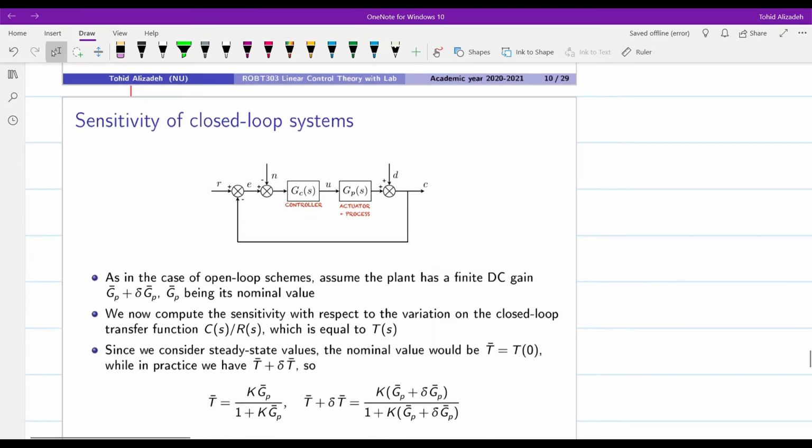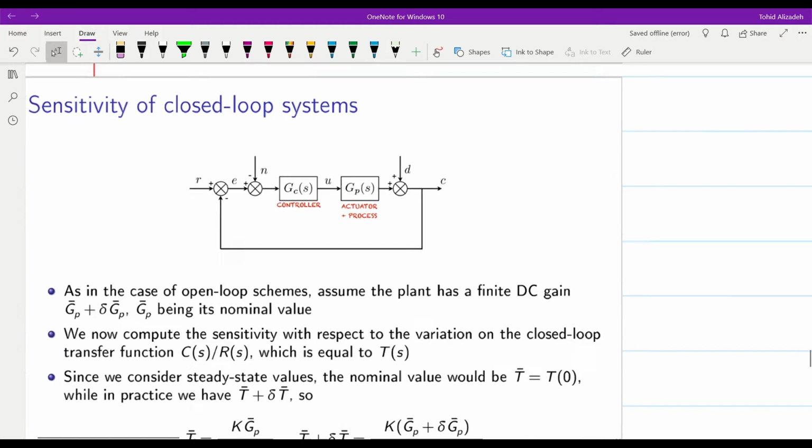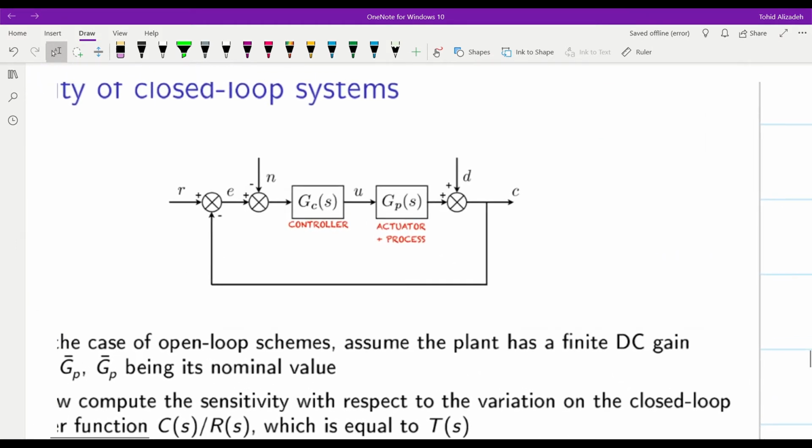So over here we have again the typical closed loop system that we are going to use throughout this course. You can see GC and GP as the controller and the process plus actuator blocks and the inputs and outputs of the system.